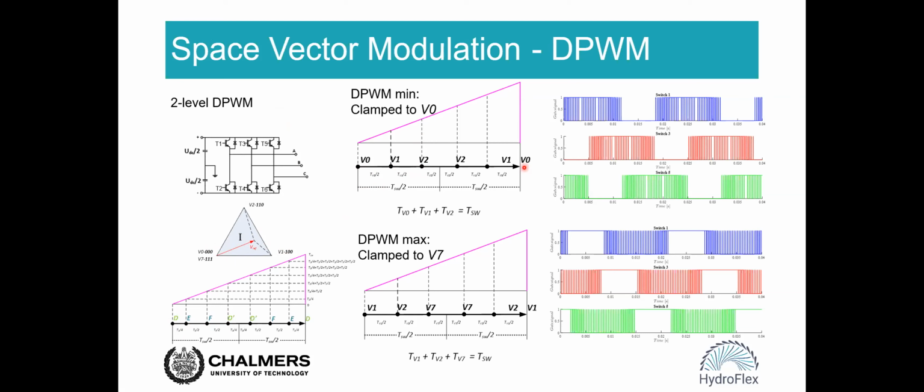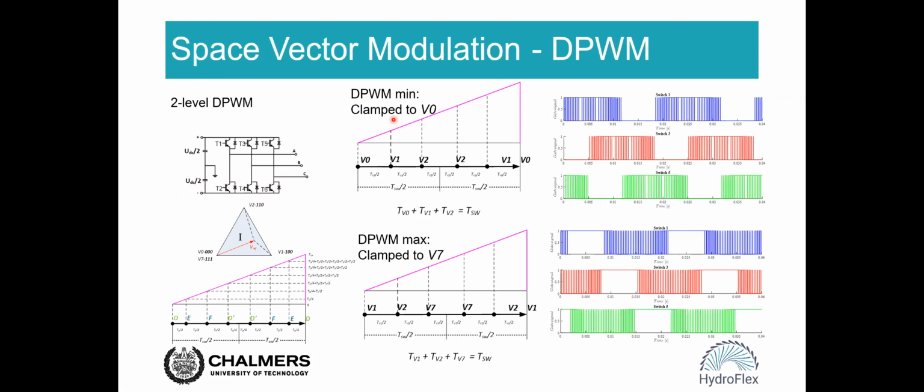And then we can see the voltage is clamped to V0. And if you remember, in the previous case, we said voltage V0 means all the lower switches in phase A, phase B, and phase C are turned on. So that means the converter now is clamped to the negative rail of this DC link.